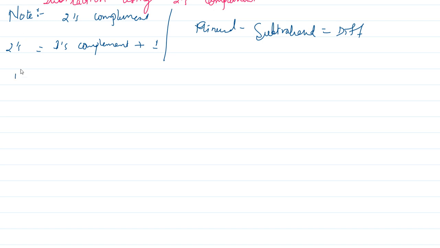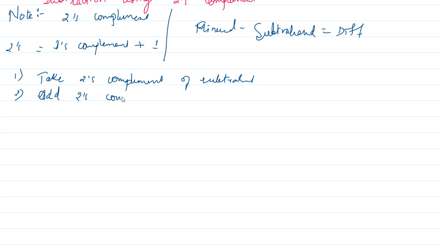First step, what we have to do: first you take or get 2's complement of subtrahend. The next step is add 2's complement of subtrahend to the minuend.